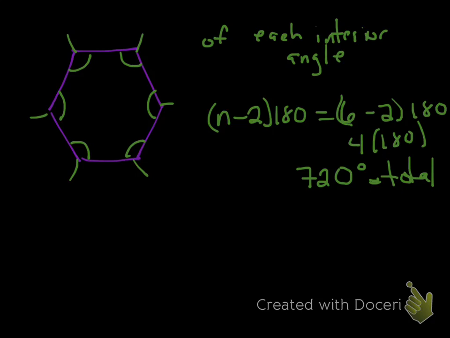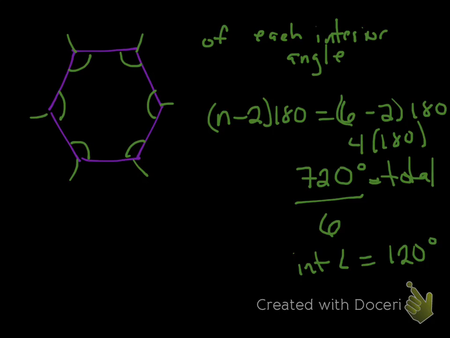Now because all of the angles are the same, you're going to take that 720 and divide it by the amount of sides. So since this has 6 sides, because there's 6 angles, you're going to divide by 6, and that means that every interior angle is equal to 120.